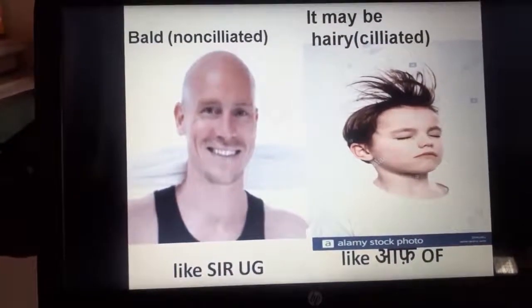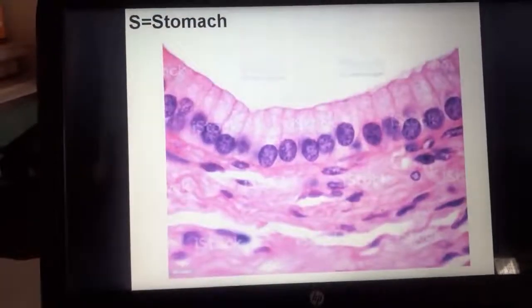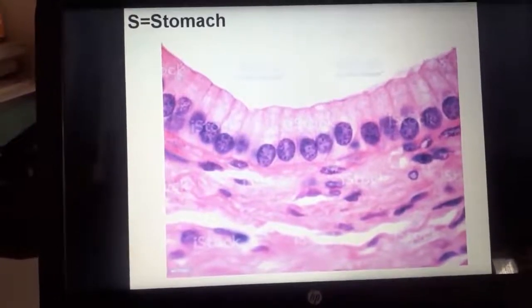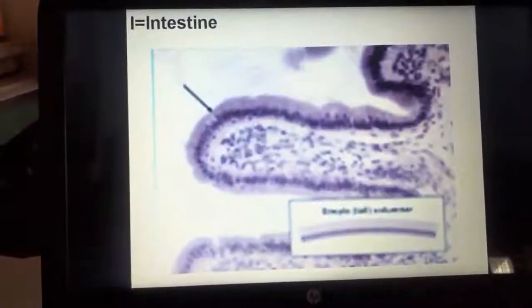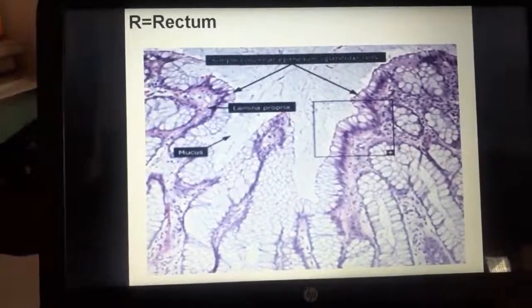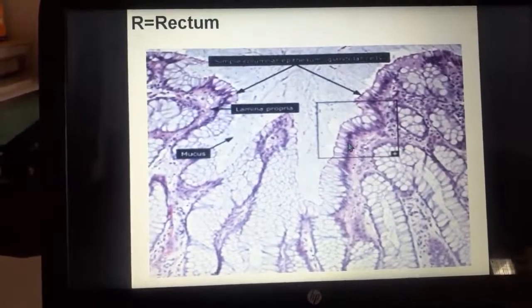So the examples of the non-ciliated type of simple columnar epithelium will be Sir UG: S for stomach, I for intestine, R for rectum. These are all simple columnar epithelium.